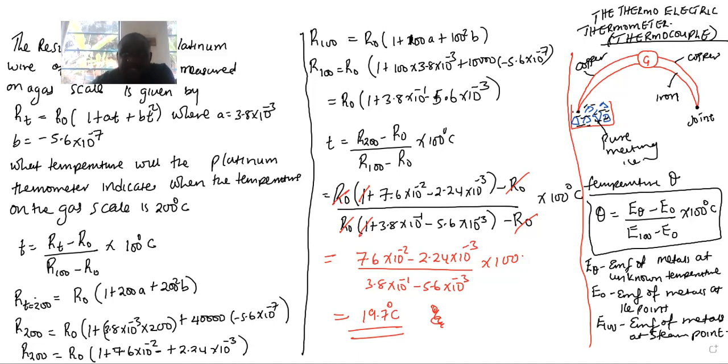Then on a thermodynamic scale, that is the Kelvin scale, we can have the temperature reading from this expression, where capital T can be got from EMF at unknown temperature over EMF at triple point times 273.16 Kelvin.